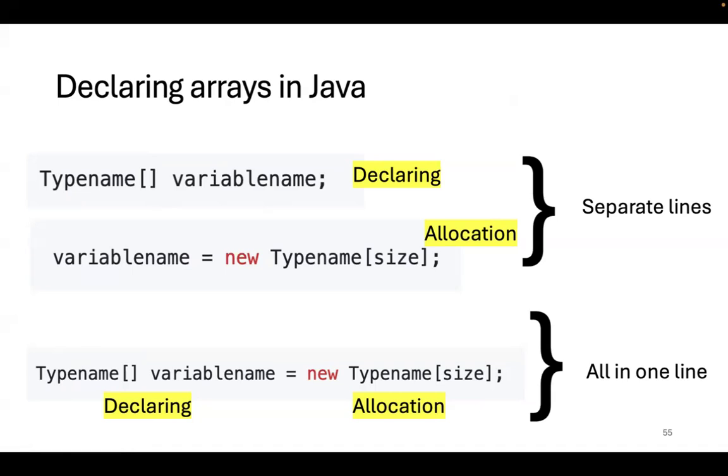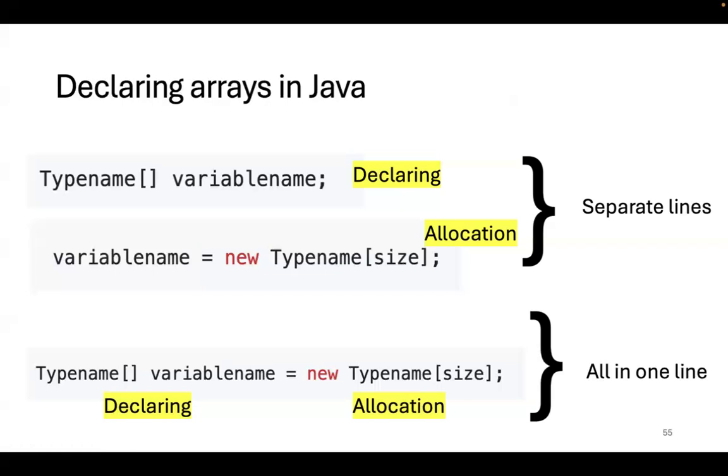That just says I'm going to have an array filled with this type. Then allocating is when we say how big it's going to be. So we have new, the type name, and then the size. This is how big I want my array to be.